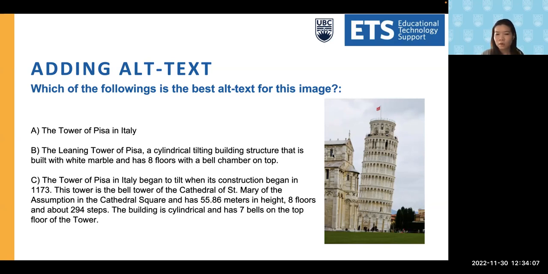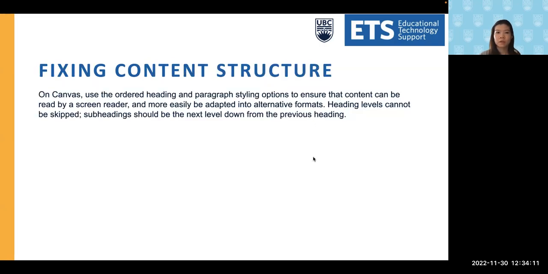Okay, so on to you, Gabrielle, for the content structure. Yeah, great. Another issue that Ally will pull up a lot is content structure. Canvas does have options for ordered heading and paragraph styling, which will ensure that the content can be read by a screen reader, and be more easily adapted into alternative formats.